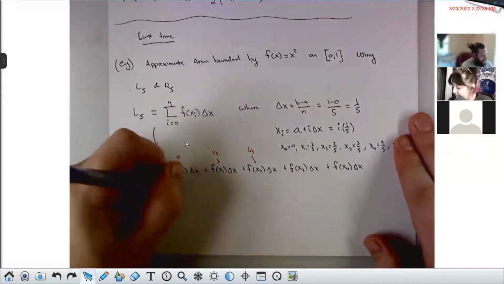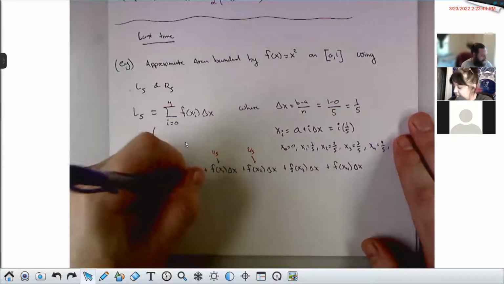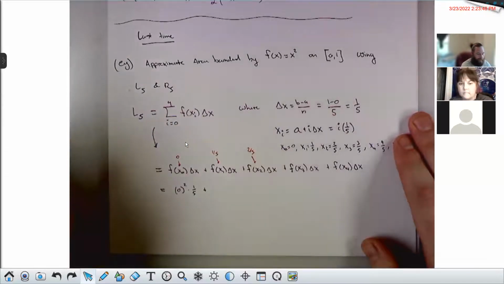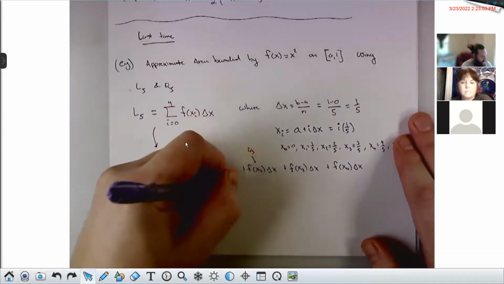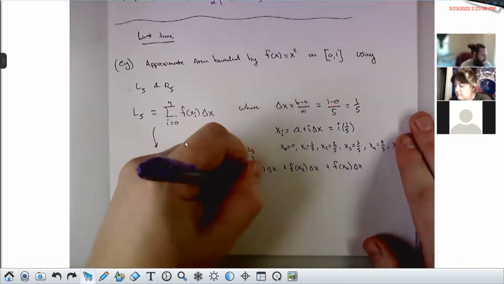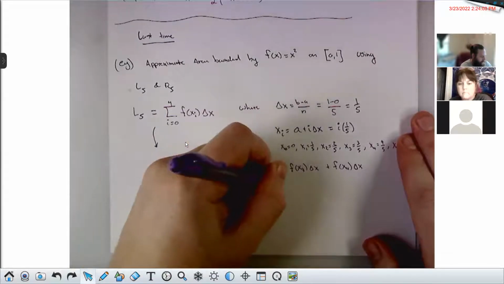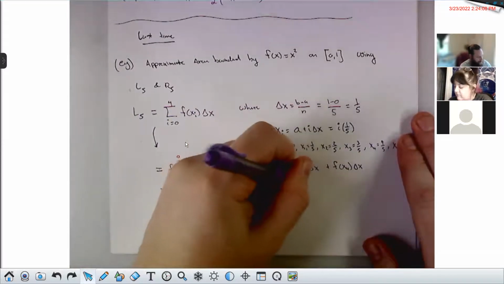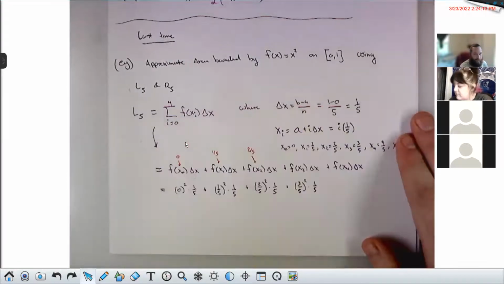This will be 0 squared times delta x, which is 1/5, plus f of x1, which is f of 1/5, which is 1/5 squared times delta x, which is also 1/5. x2 is 2/5, so f of x2 is 2/5 squared times delta x, which is 1/5. x3 is 3/5, so this is 3/5 squared times delta x, which is 1/5.